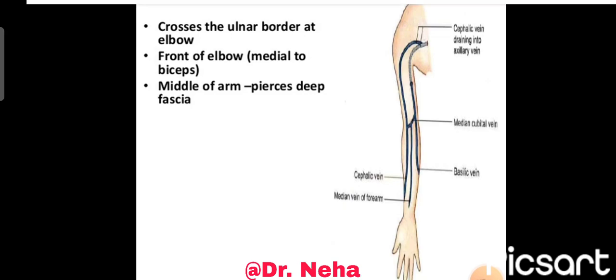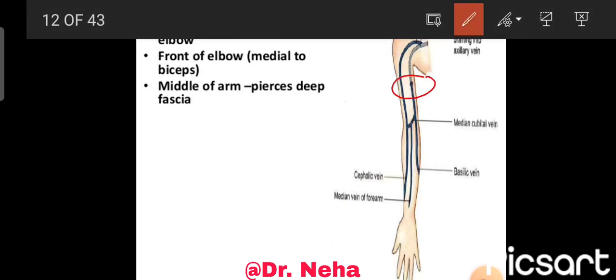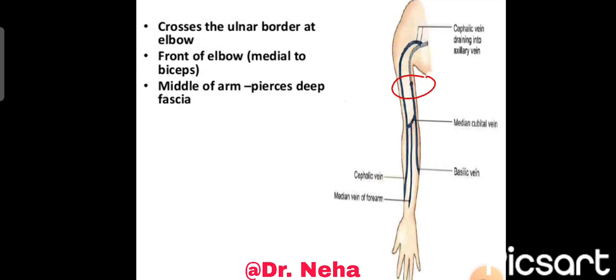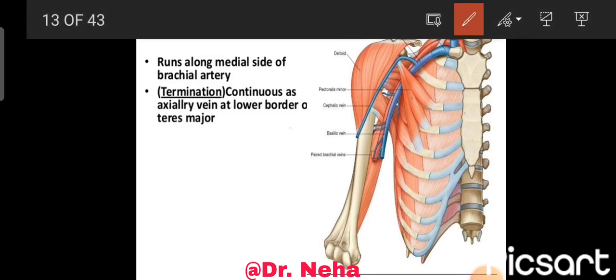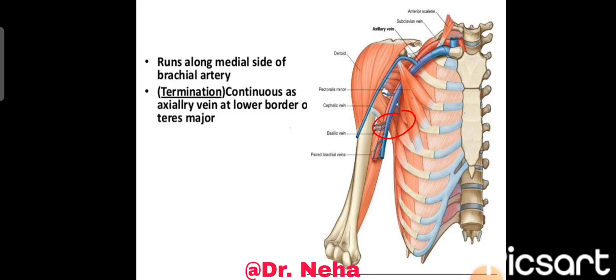Then at the mid of arm it pierces the deep fascia and runs below the deep fascia along the medial side of brachial artery. Then it terminates as the axillary vein at the lower border of teres major after joining with the venae comitantes of brachial artery.